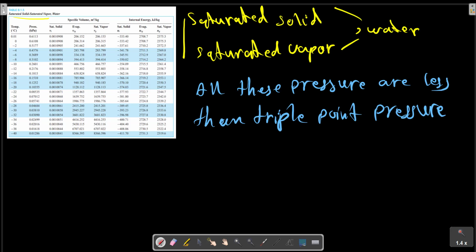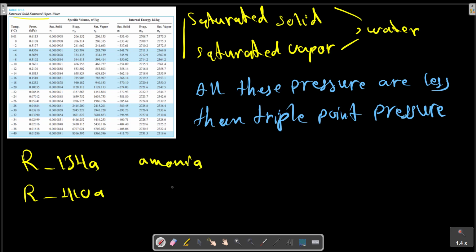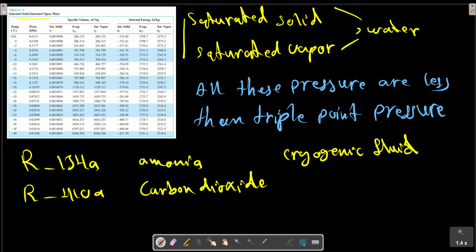Appendix B also includes thermodynamic tables for several other substances, refrigerant fluids such as R134A and R410A, ammonia, and carbon dioxide, and the cryogenic fluids, nitrogen, and methane.